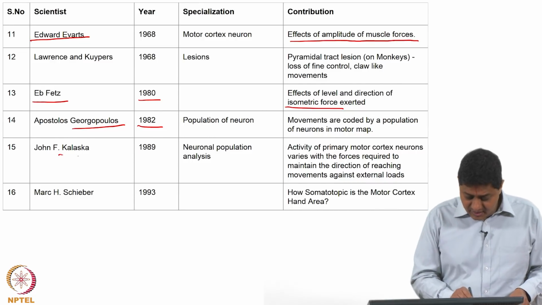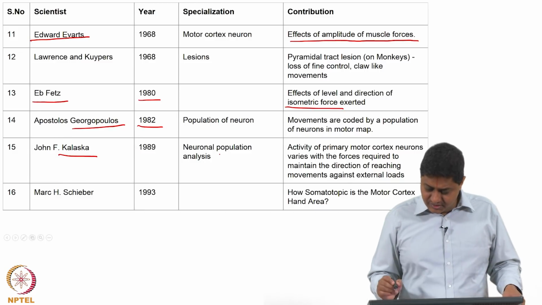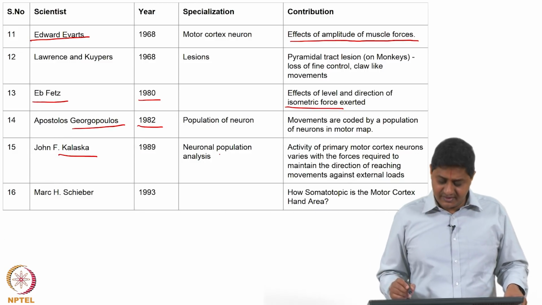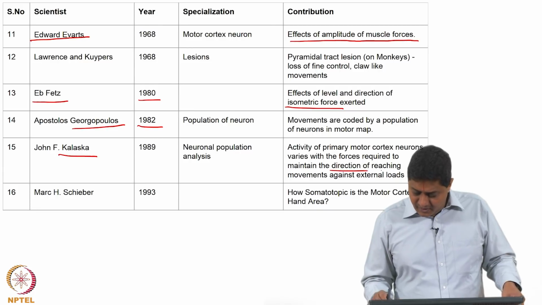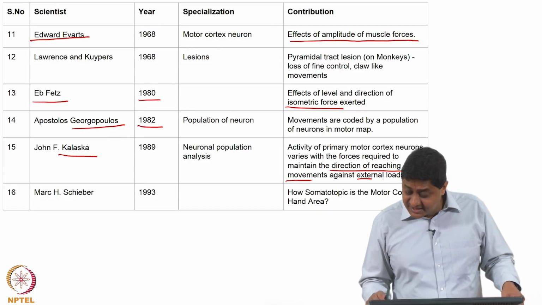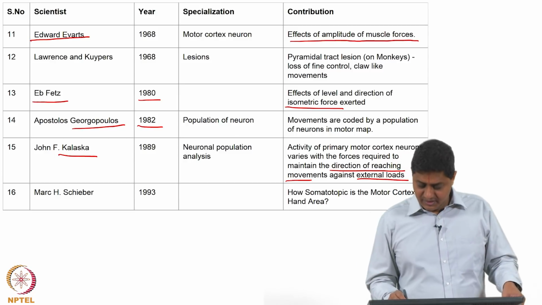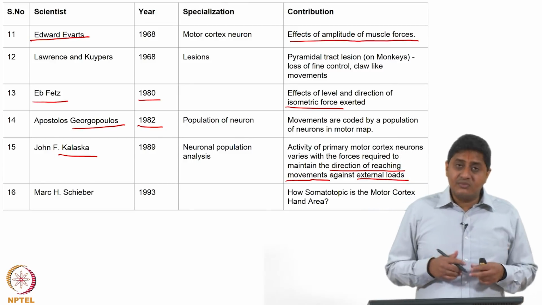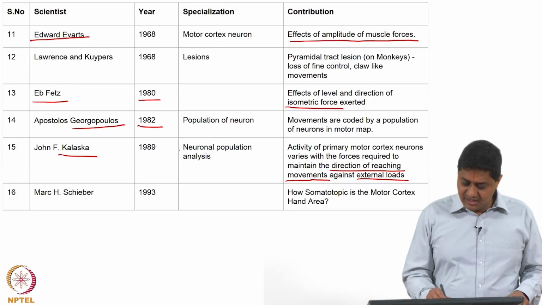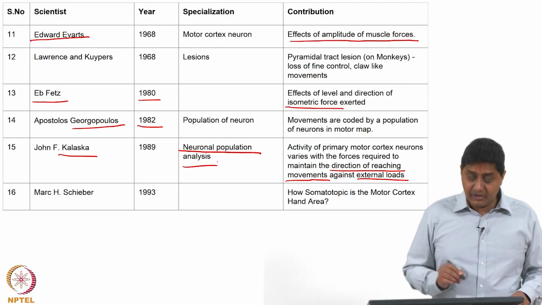And Kalaska used a similar approach, and what he found was that the direction of reaching movements against external loads can also be predicted by studying populations of neurons.